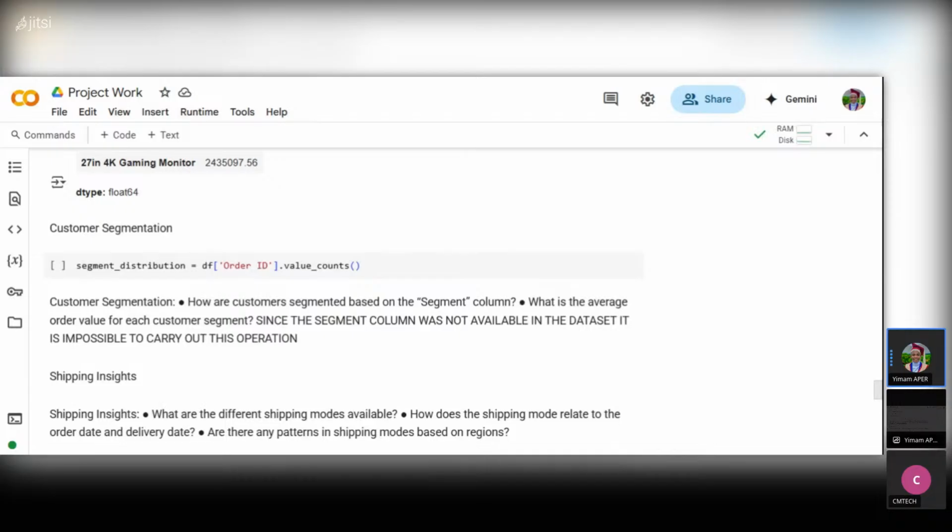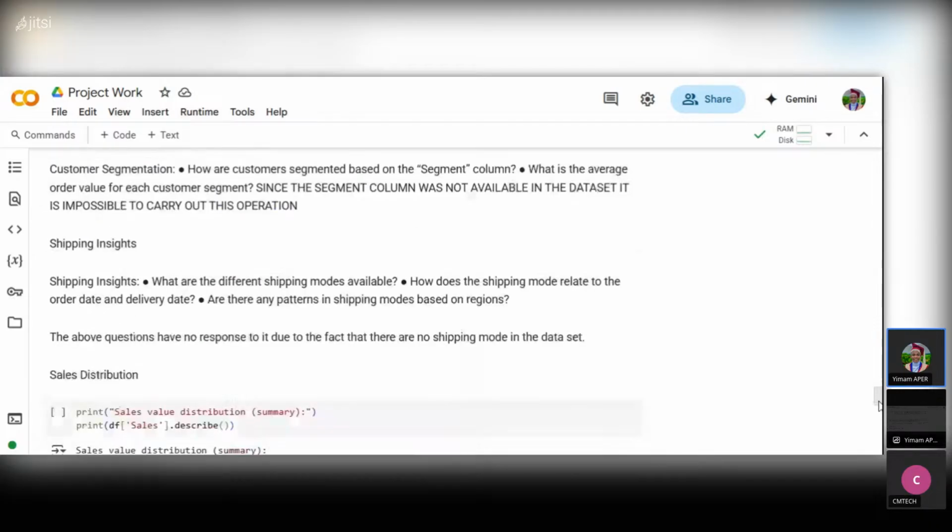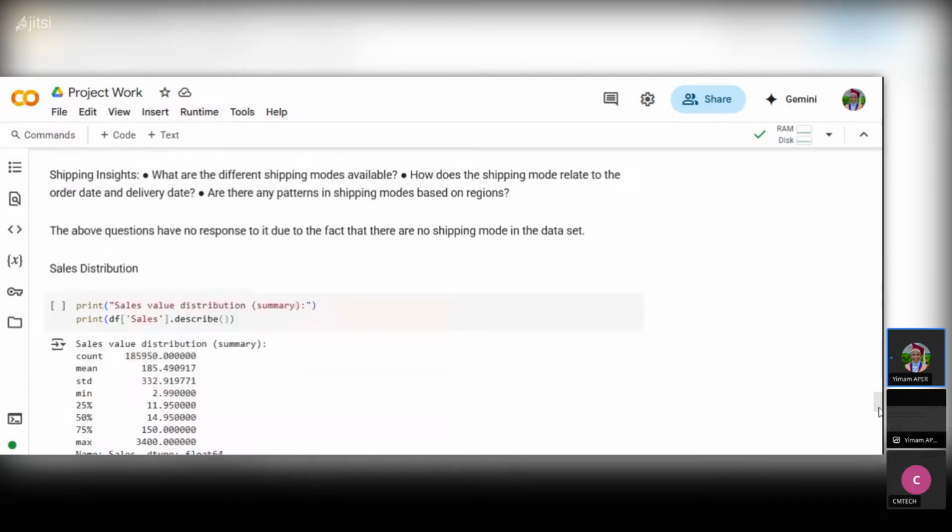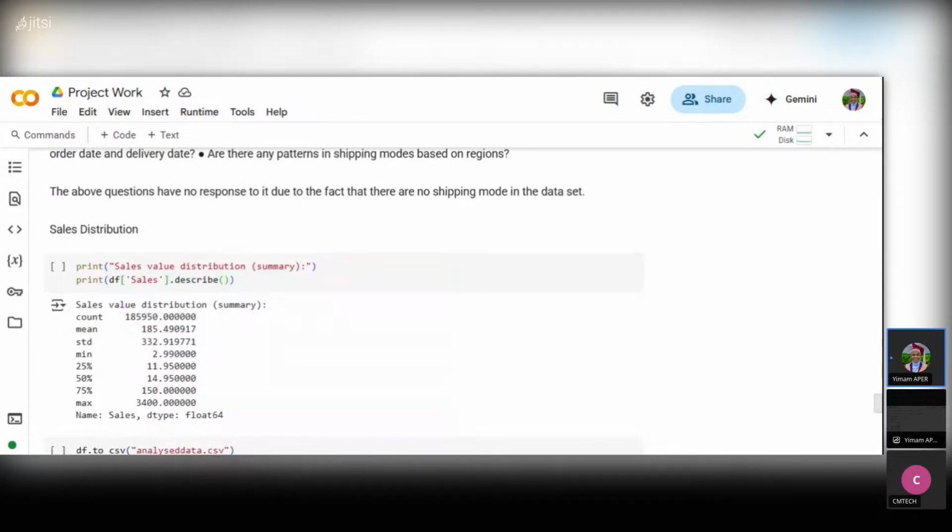The above questions have no response due to the fact that there is no shipping mode in the data set. Since there were no shipping methods in the data set, there's no way I should have attempted answering that question based on my information.